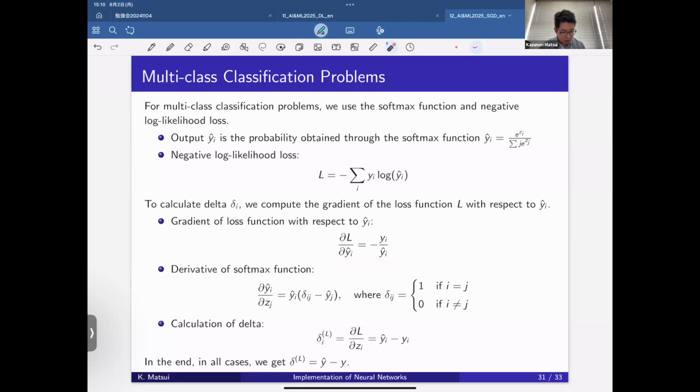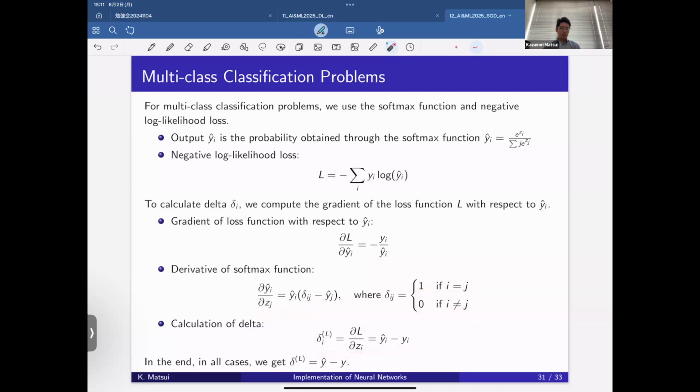The derivative of softmax function becomes like this. Here, delta subscript ij is something that becomes 1 when i and j match, but becomes 0 when they don't match. When we calculate, it becomes like this.